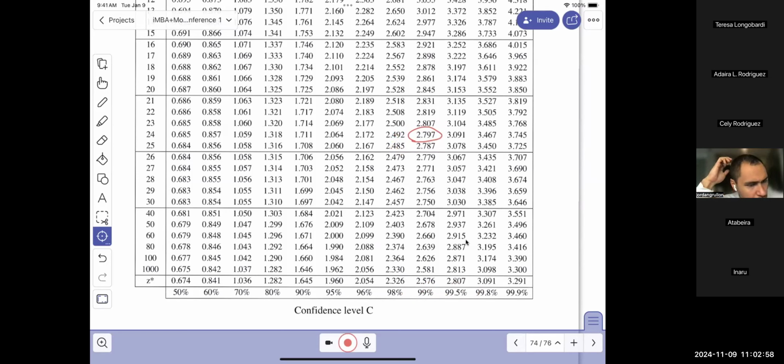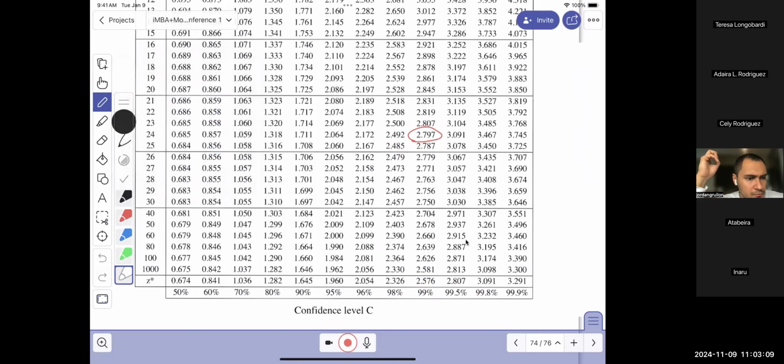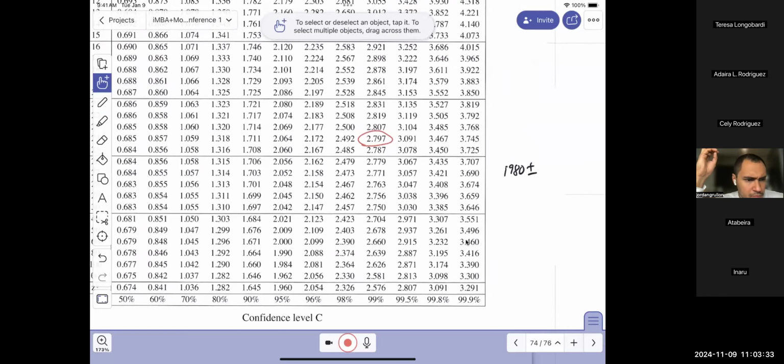So then you take that and you multiply it by S over root N. So you're going to take 1980 plus or minus, let me write the formula.